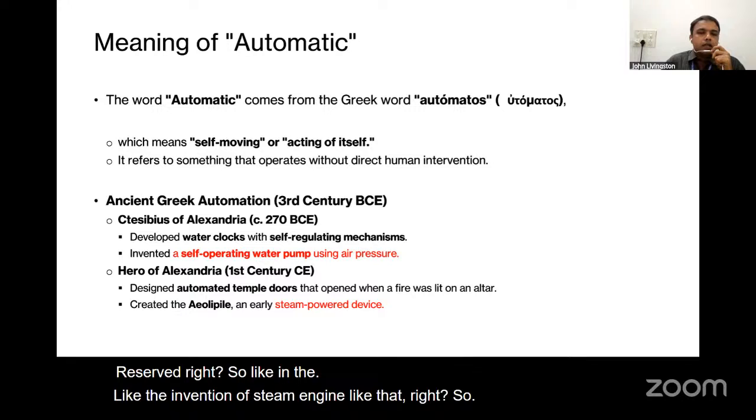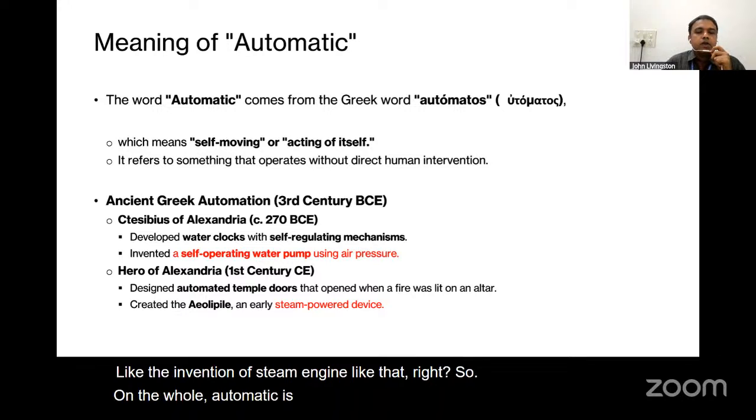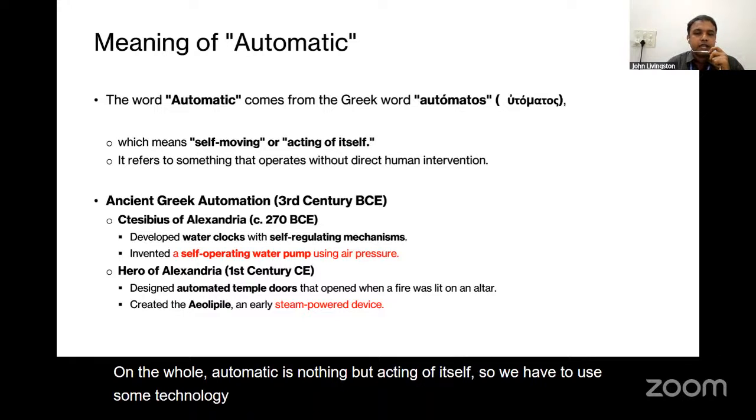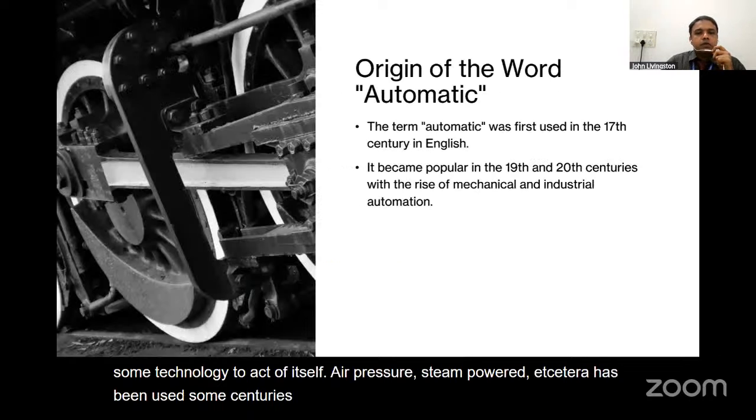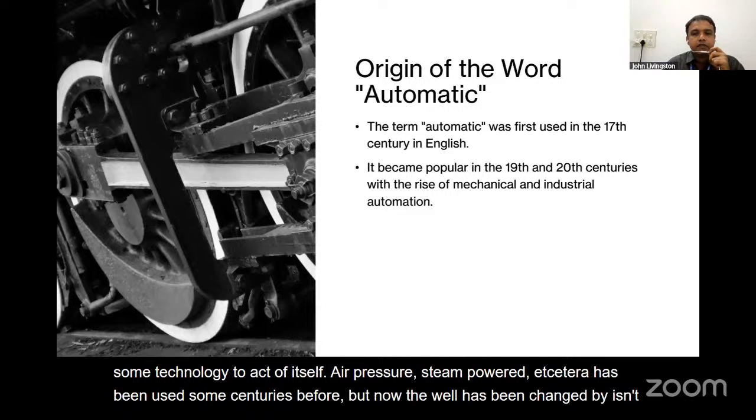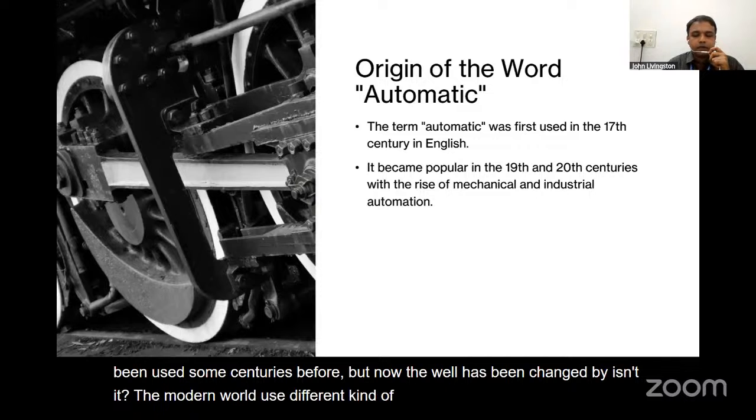On the whole, automatic is nothing but acting of itself. We have to use some technology to act of itself. Air pressure, steam power, etc. were used some centuries before, but now the world has changed, right? The modern world uses different kinds of technology to automate something, right?